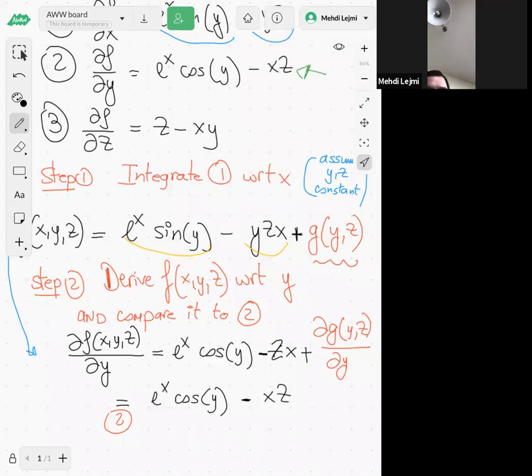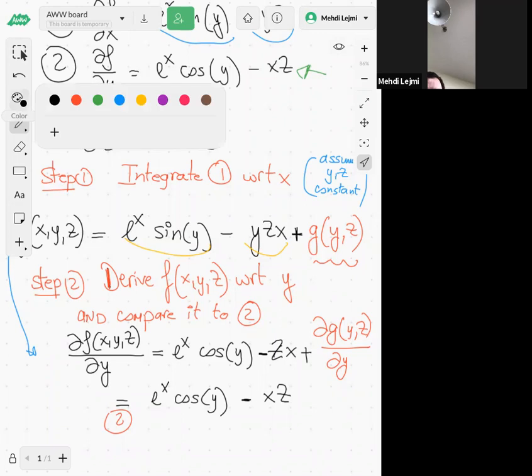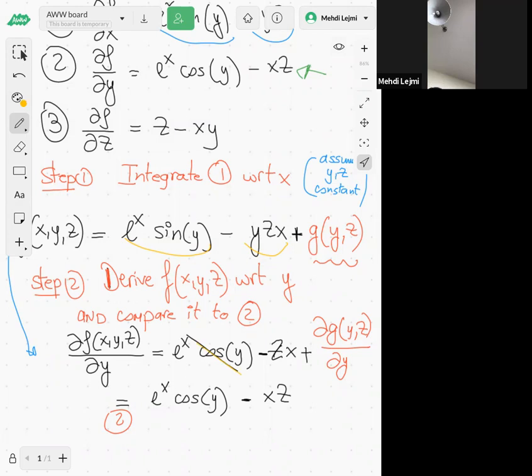Now, if you compare these two functions, here we have the same thing, e to the x cosine of y, e to the x cosine of y. You have minus zx, minus xz, right? Which means that the derivative of this function g of y, z with respect to y is 0.